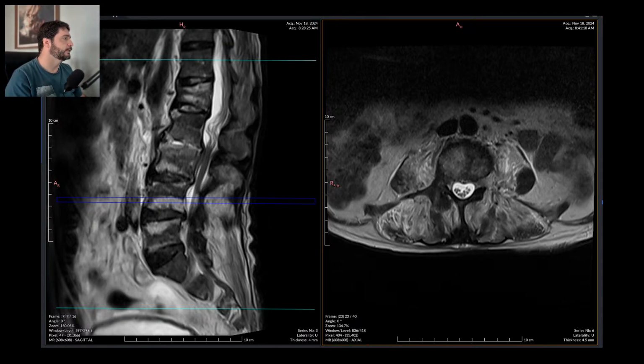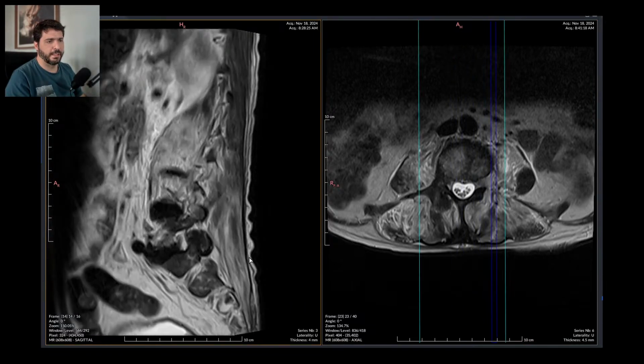So let's just summarize it to make it easier for the referring physician to read. Old fracture and partial collapse of L1. Just extrusions all over the place.